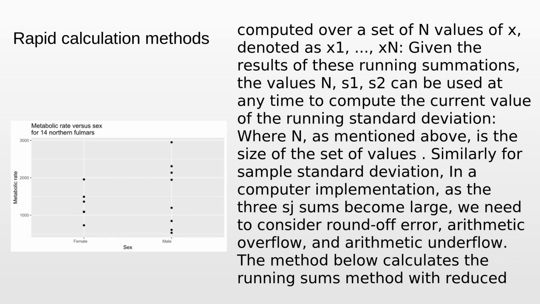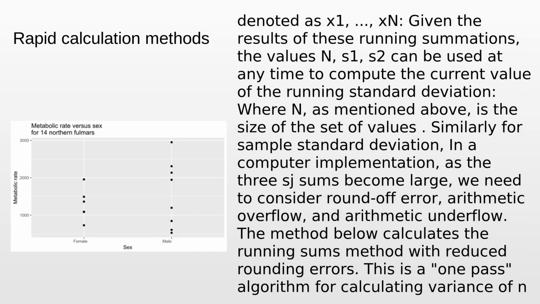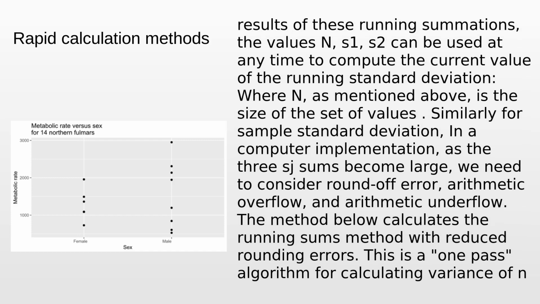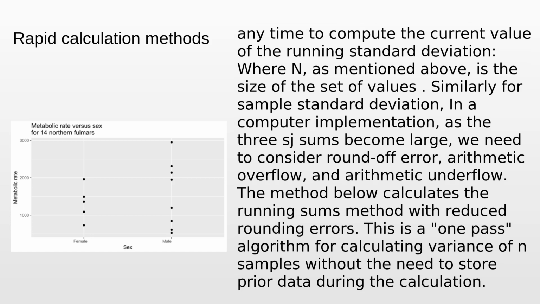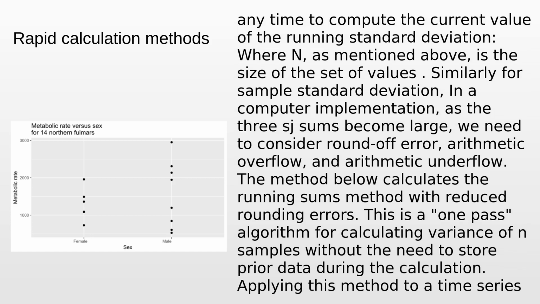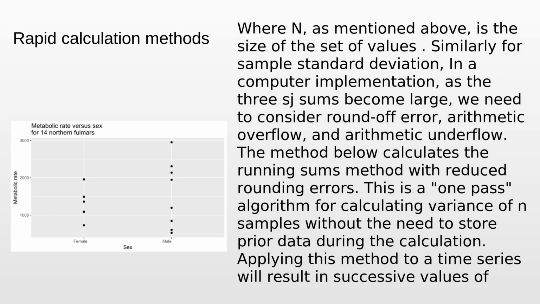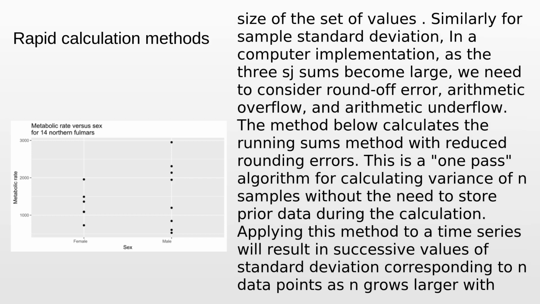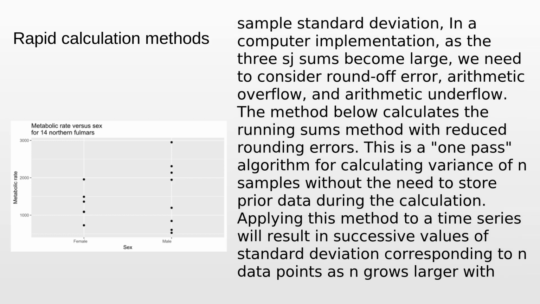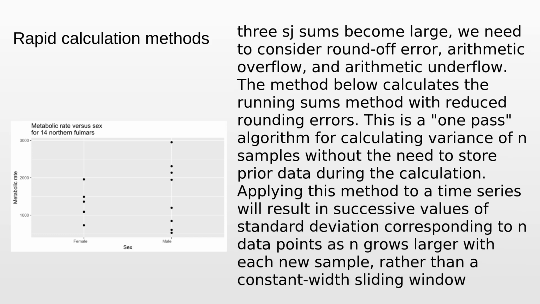Given the results of these running summations, the values n, S1, S2 can be used at any time to compute the current value of the running standard deviation, where n, as mentioned above, is the size of the set of values. Similarly for sample standard deviation, in a computer implementation, as the three S_j sums become large, we need to consider round-off error, arithmetic overflow, and arithmetic underflow.